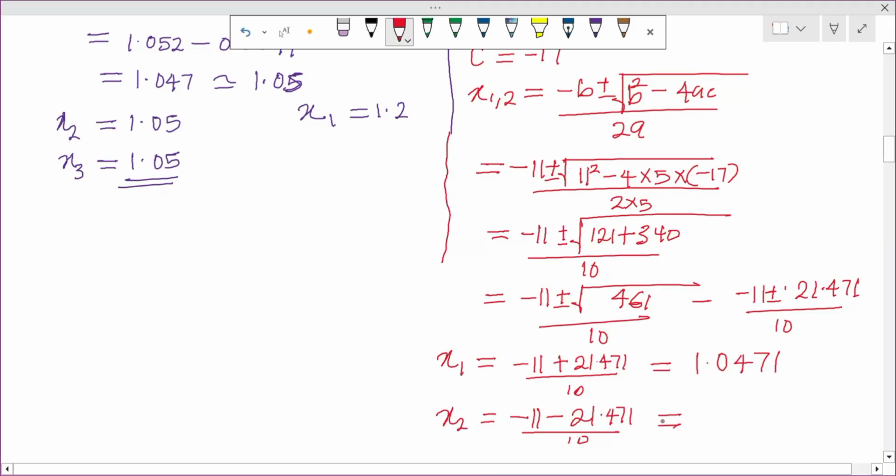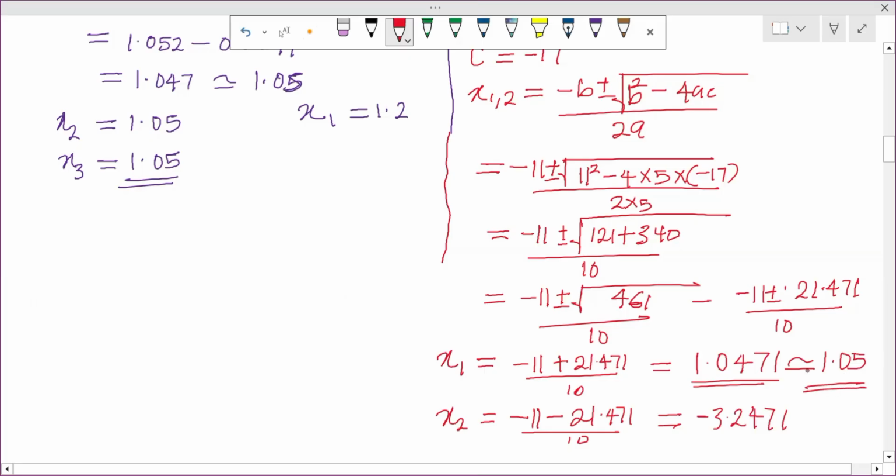And here, minus 11 minus 21.471, divided by 10, is minus 3.2471. Remember, the question said the positive value, right? So the positive value we have here is x1, which is the same thing. By the time we approximate to three significant figures, we have 1.05. I hope you can get it.